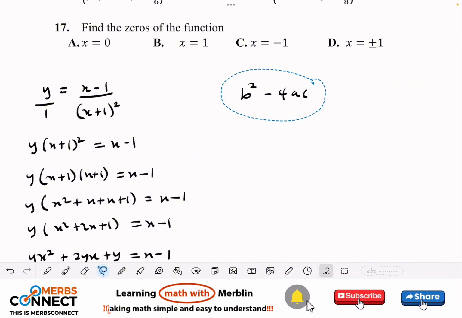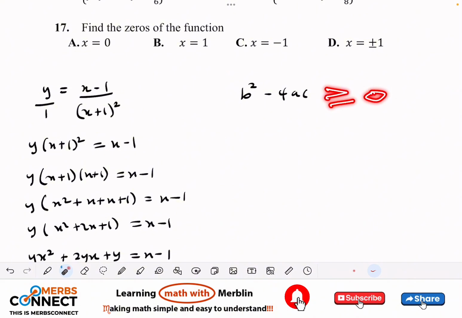If this is minus, then this should be greater than 0. If it is minus, then this will be less than or equal to 0. If this is positive, this will be greater than or equal to 0. If this is 0, there is no way this is going to be 0. So the only option is we need to find out if this will be greater than or equal to 0 or less than or equal to 0.